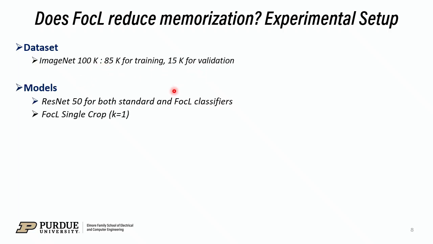FocL is trained on bounding boxes, of course, with our FocL algorithm, and the standard model is trained in a standard supervised way. For this experimental setup, we set k equal to 1 because we want to actually test how the algorithm works. If we use multiple glimpses, then that might dilute the effect that we want to show that comes from foveated training. Later, we are going to show results with k equal to 3.